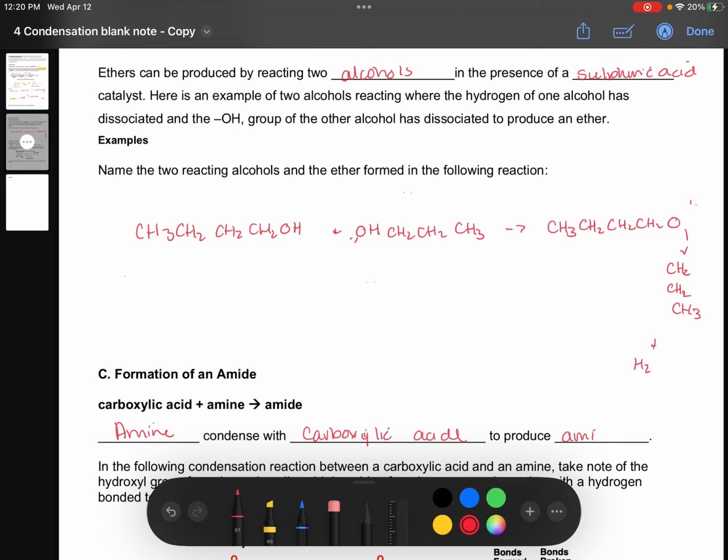We ran out of room. Plus H2O. So I want you to label it now. Try to solve for what the answer is. Pause now, try it out.